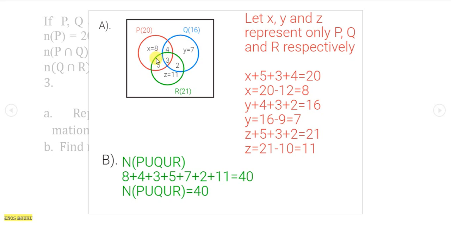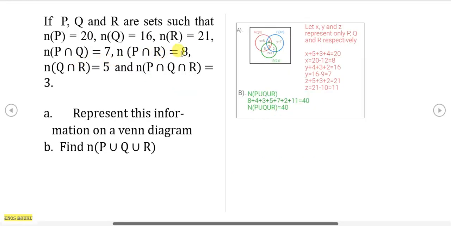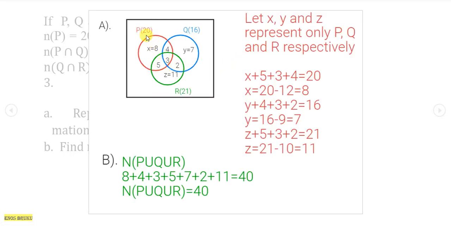Good. The same idea we apply to P intersection R. Okay, P intersection R is saying 8. So it means that where the circle P, which is the red circle, and the circle R, which is the green circle, cut each other, the space they create is P intersection R. So it means that the whole space over here is 8.